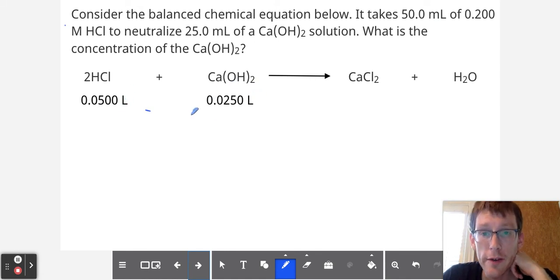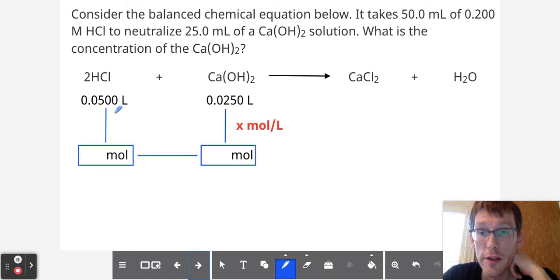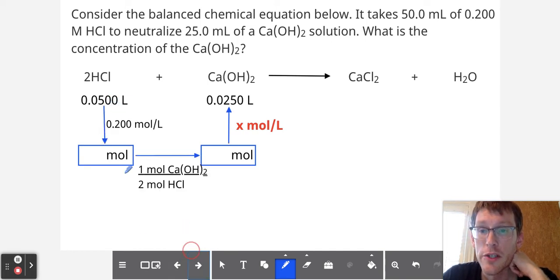we've got the 25 milliliters of calcium hydroxide, and since we know the concentration of HCl, we can actually use that as our starting point, going from the 50 mL of HCl using the concentration of HCl given, which is 0.200 moles per liter.